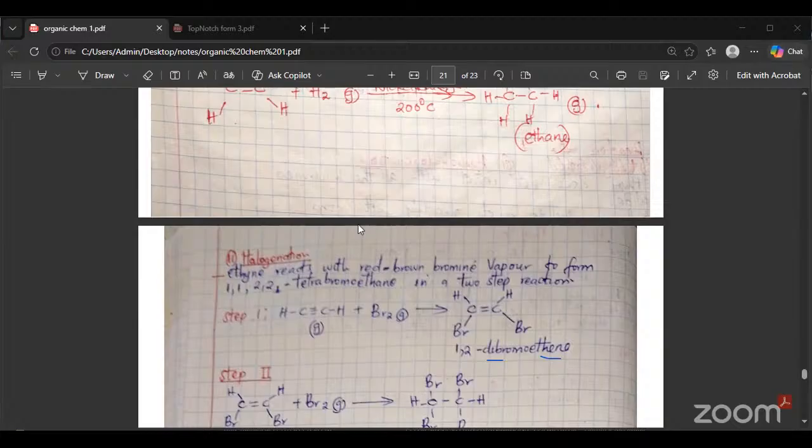Now, something I'm supposed to mention before we continue. Anytime you're adding something to the alkyne, you remove one bond in the middle. What I mean is this, let me show you so that it becomes easy. These are 3 bonds here.